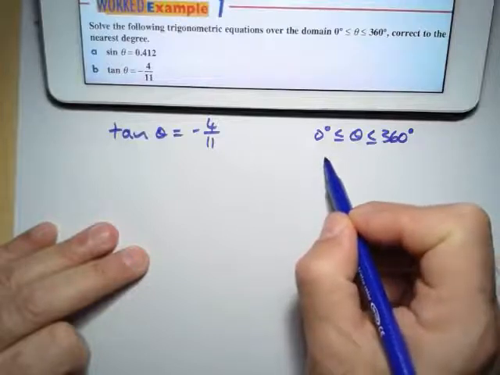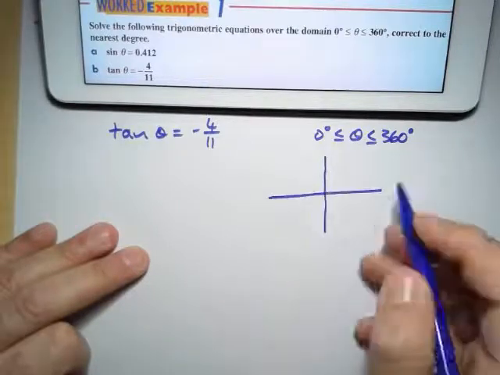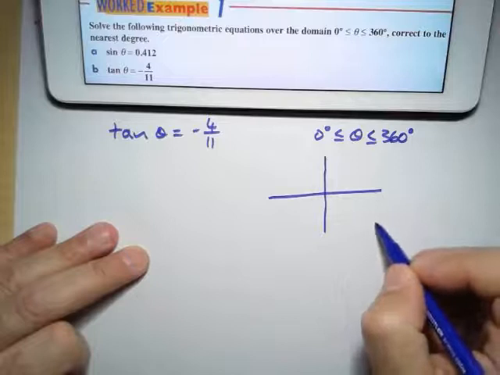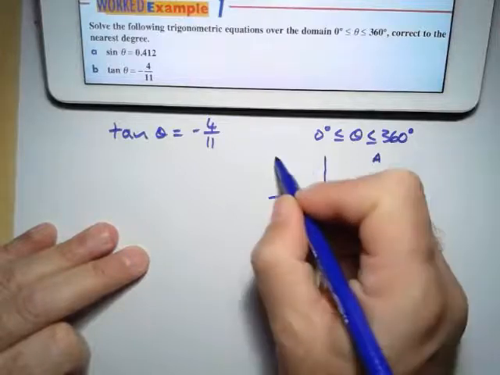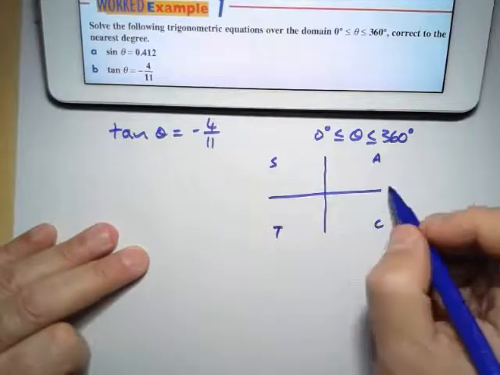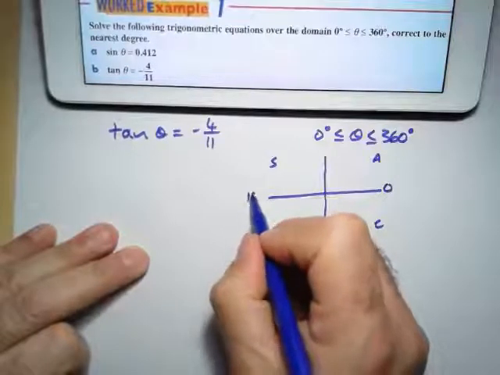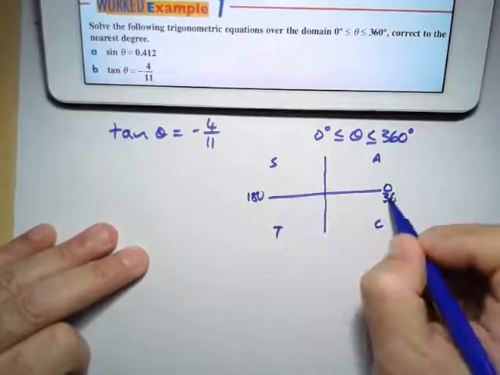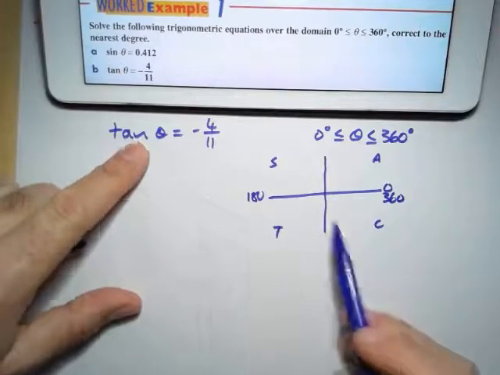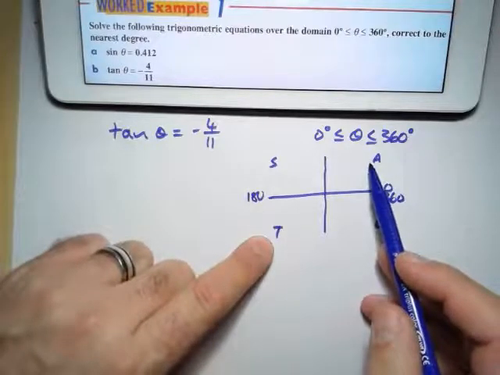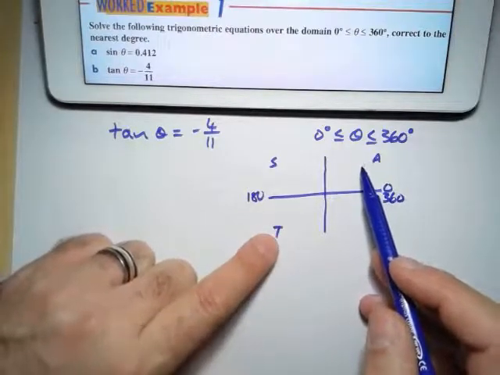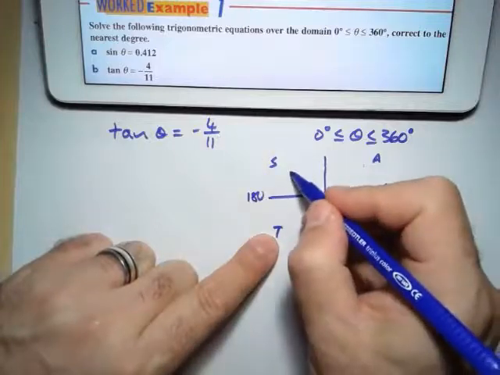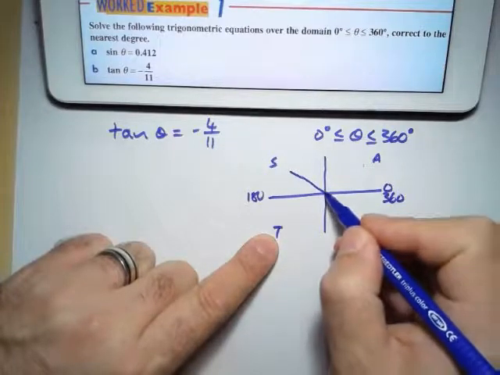So I start off with my CAST. I'm going to make my CAST a little bit bigger. I'm going to say this is CAST. I'm going to say this is 0, 180, 360. Tan is positive in my first and third quadrant, so it's negative in my second and fourth quadrant.